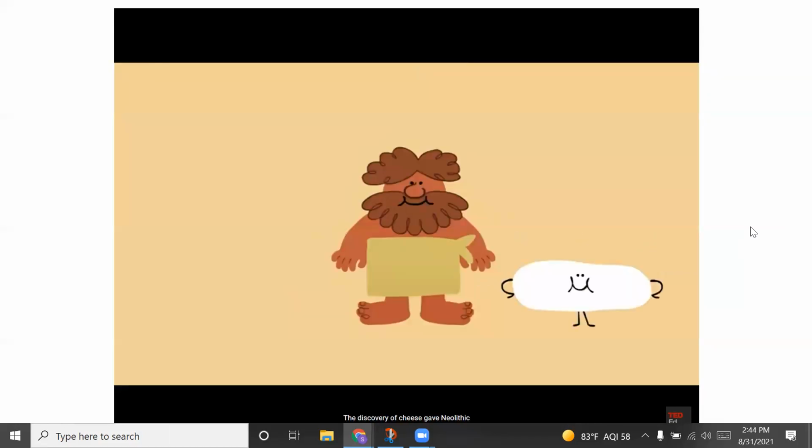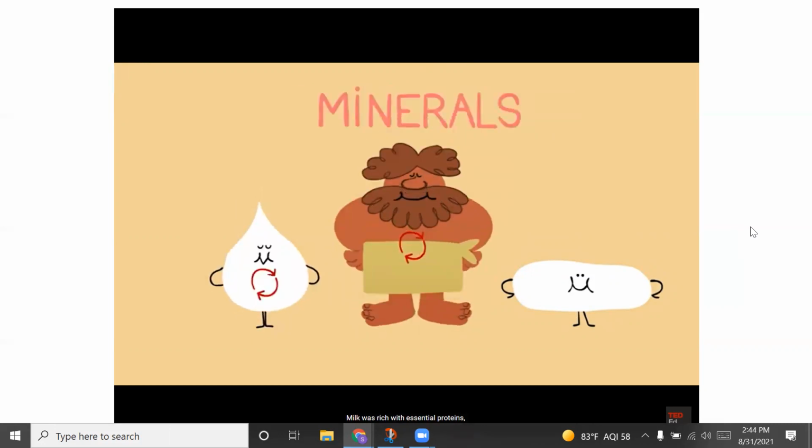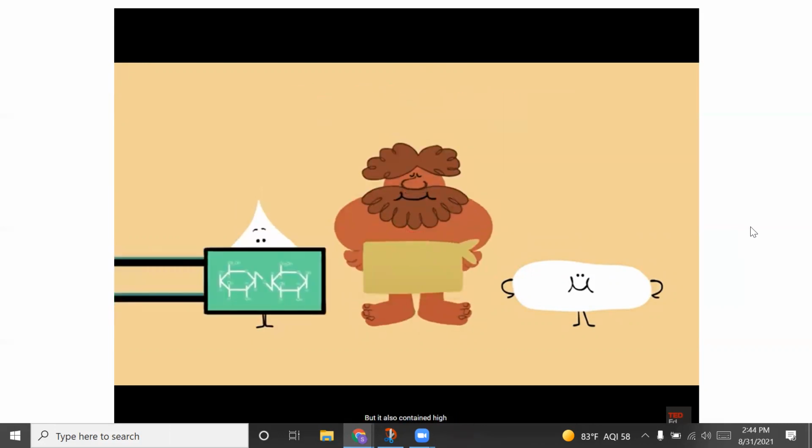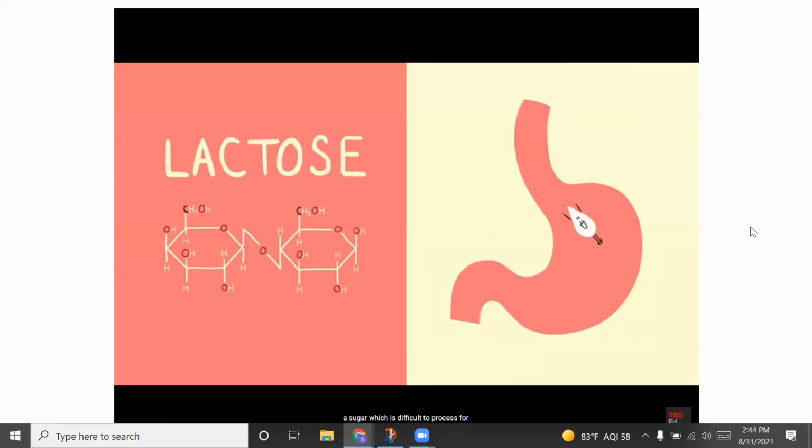The discovery of cheese gave Neolithic people an enormous survival advantage. Milk was rich with essential proteins, fats, and minerals, but it also contained high quantities of lactose, a sugar which is difficult to process for many ancient and modern stomachs.